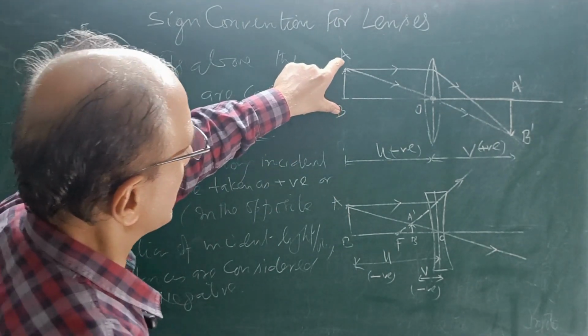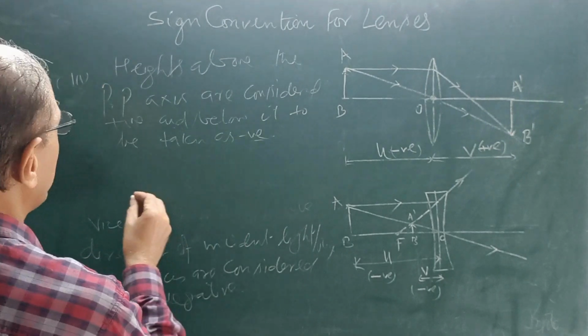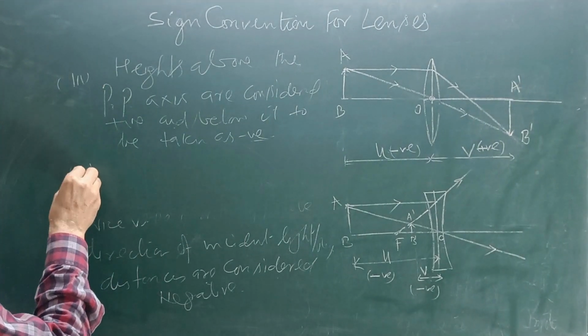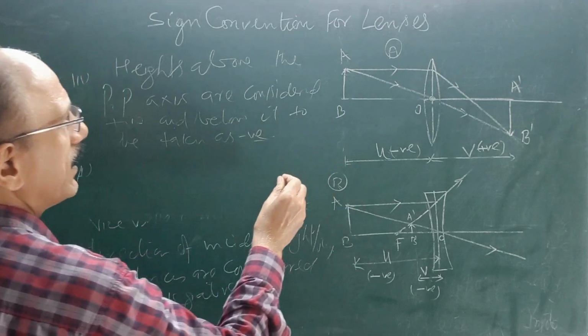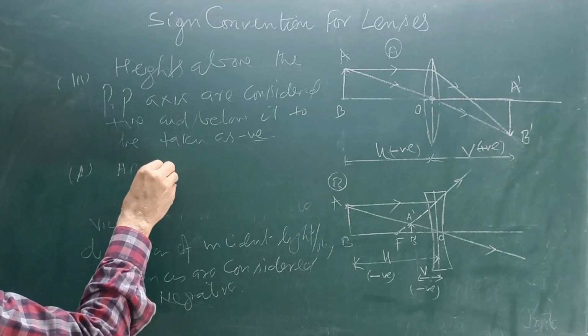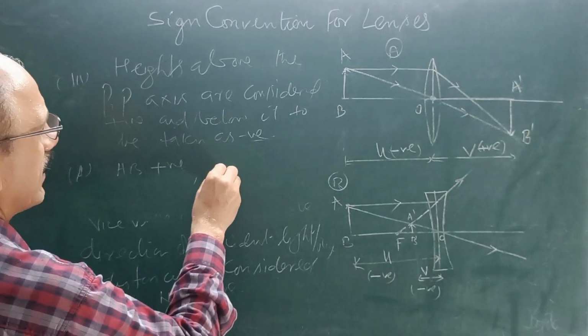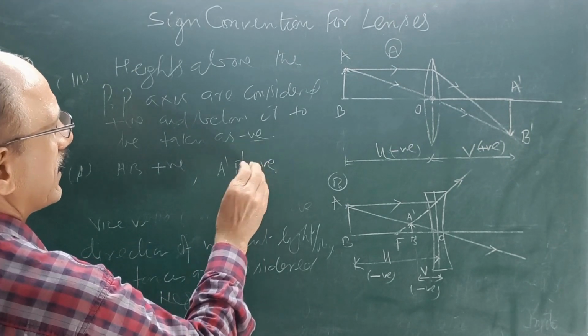So in this case, suppose I call this A and this B. So in the first case, AB is positive and A dash B dash is negative.